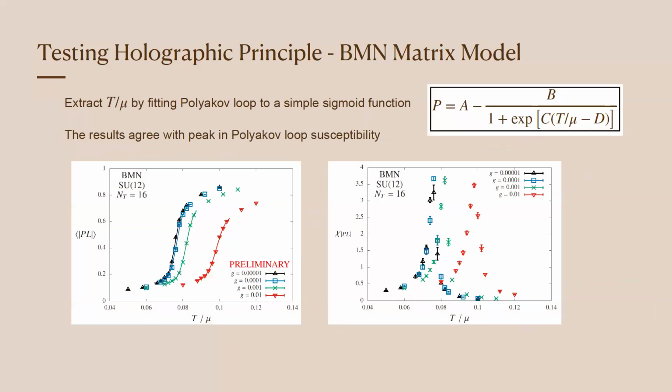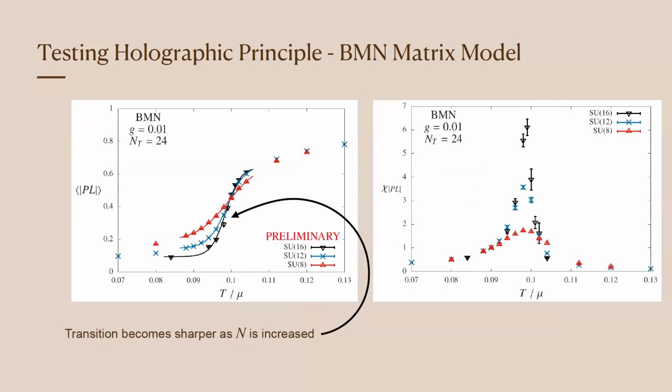So again, we are getting the data from lattice computations, and we are fitting to this function. So we want to find where the free energy is jumping. So here, at the inflection point, it is jumping, and here at the peak, it is jumping. So as we increase the n, the size of the matrix, it becomes a sharper transition.